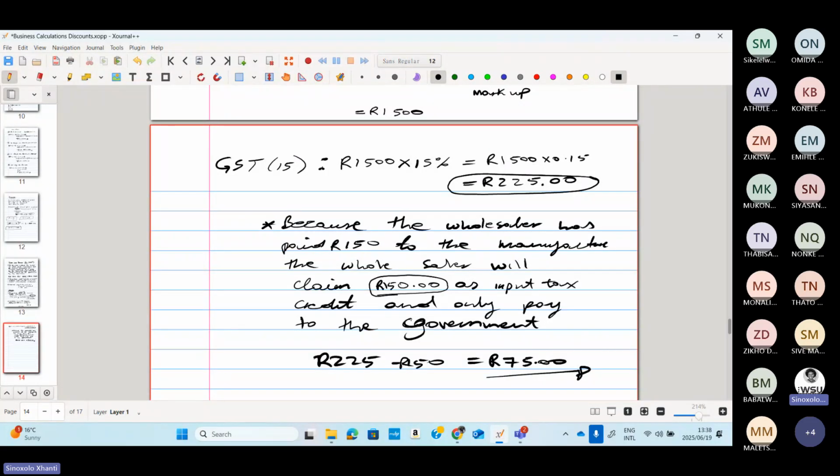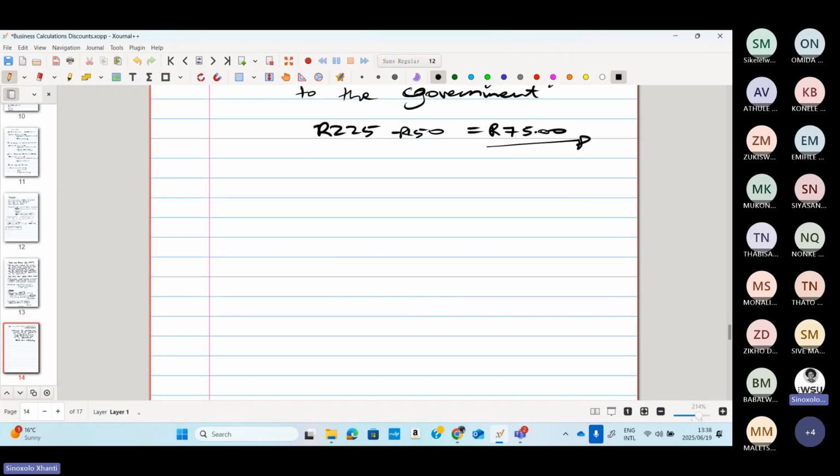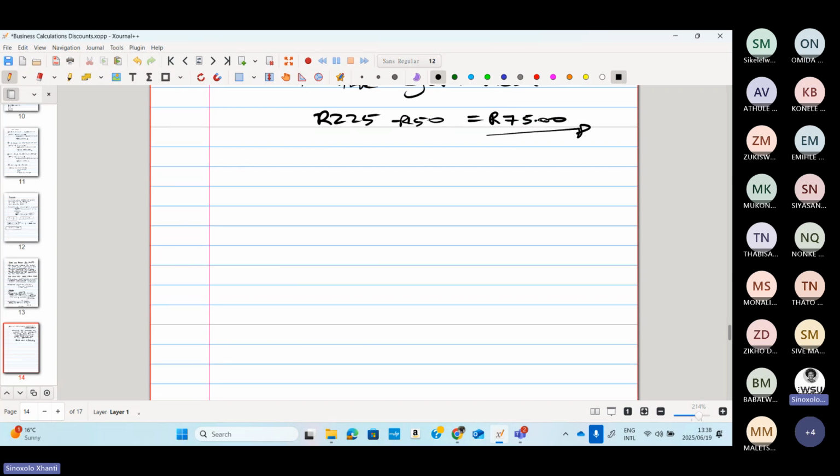So that's how this input works, which is also the main reason why most people want to start businesses instead of working, because they realize that they can end up not paying tax because they are claiming back their VAT.